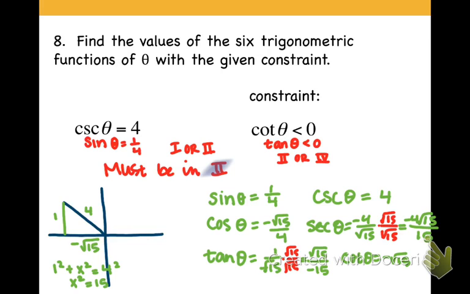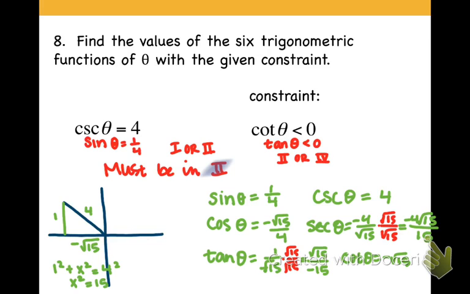I just want to get some triangle in there. And if sine is 1 over 4, that's the opposite side over the hypotenuse. So my opposite side is 1. My hypotenuse is 4. And using the Pythagorean theorem, I get that the missing side is root 15. But because that's going to the left of the origin, it is negative.